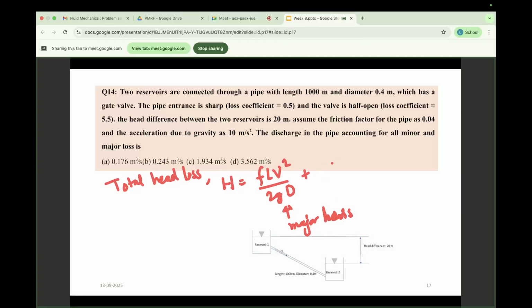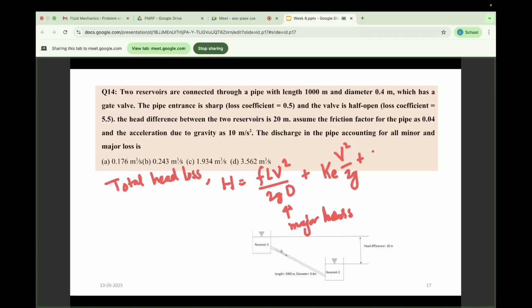Plus we have a few more losses. These are the minor losses. Here, it is talking about the sharp entrance. That means K entrance into V square by 2g.